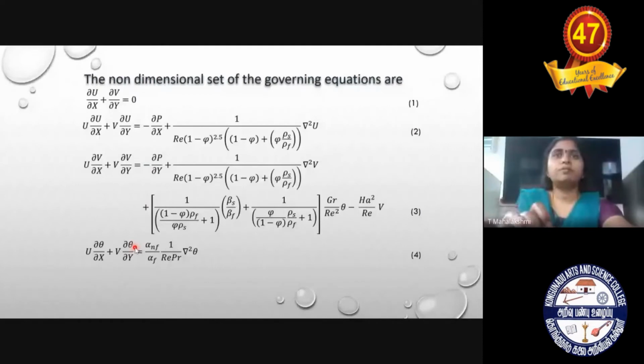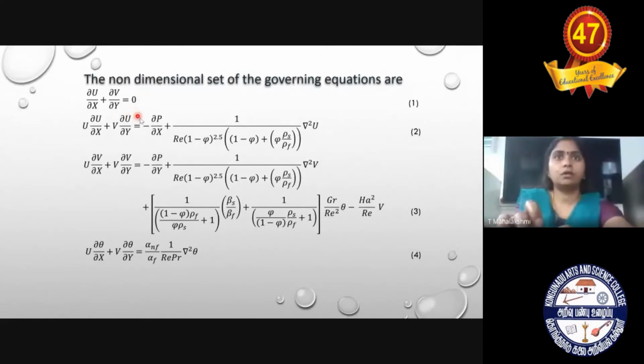Since this is a two-dimensional problem, I have considered U and V. The acceleration term will be 0, because the enclosure is kept in a constant place. Only it is tilted, the entire enclosure is not moving.